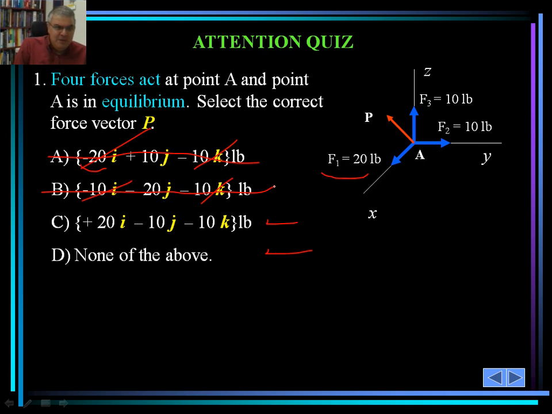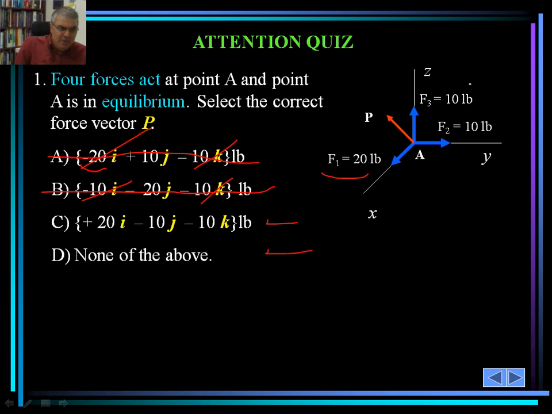Let's say that the I component can be positive. You can have, for the sake of argument, plus 20I. Can we have any negative J component? Again, I'm examining the sign to see if the sign gives me any kind of a clue as to what the answer would be.